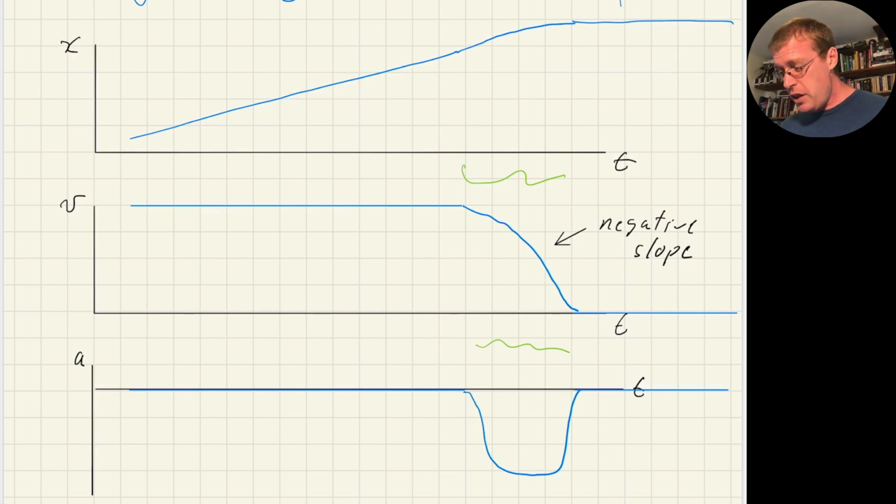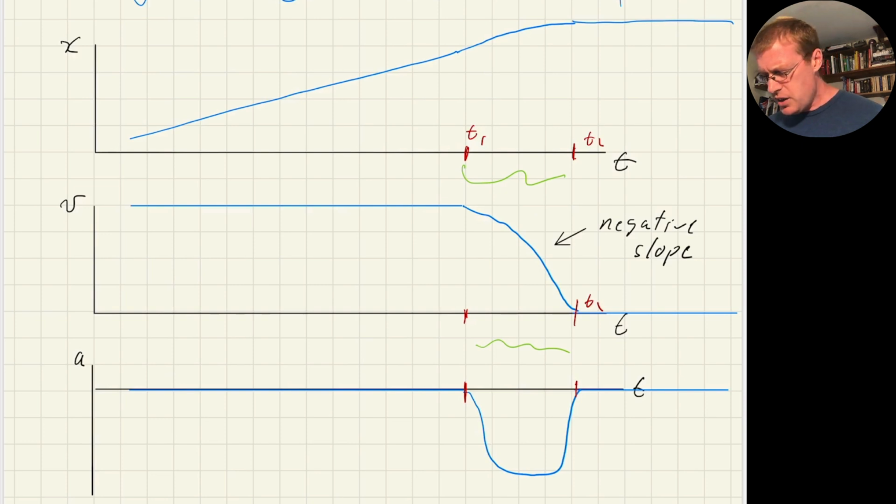If I think about what are the things I really care about here, what I care about is these times here, where my acceleration, where I start slowing down. I care about this time here, where I've stopped. And I care about how rapidly I decelerated.